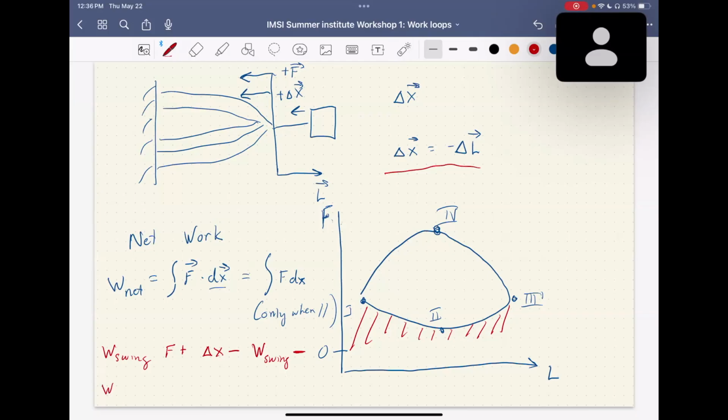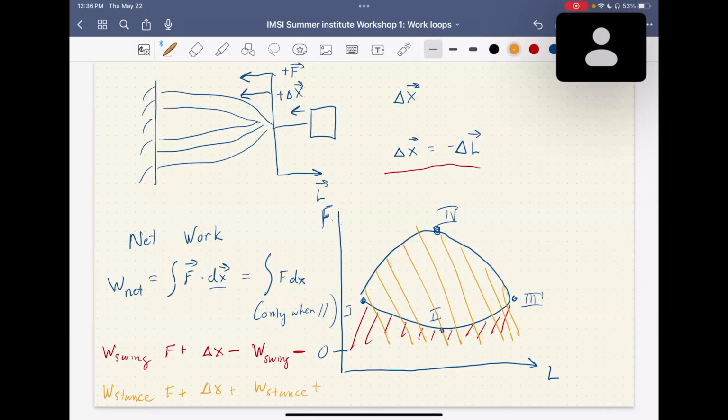What about during stance? During stance, let's do this in a different color. That's going to be the area under this curve. And here we're going to have positive force, our delta x is going to be positive now, and our work during stance is going to be positive.